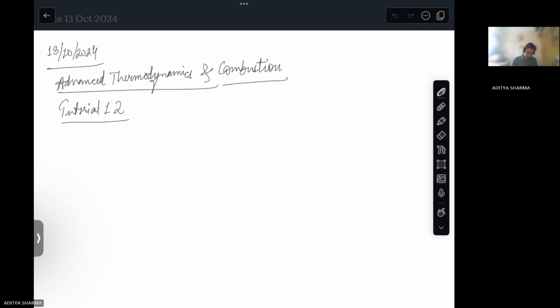This is droplet evaporation mass transfer. Then is heat transfer.